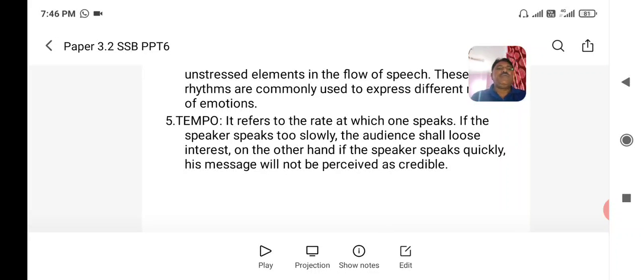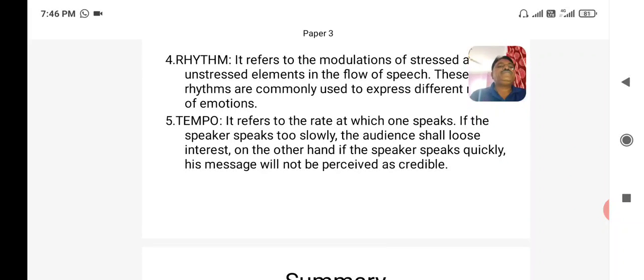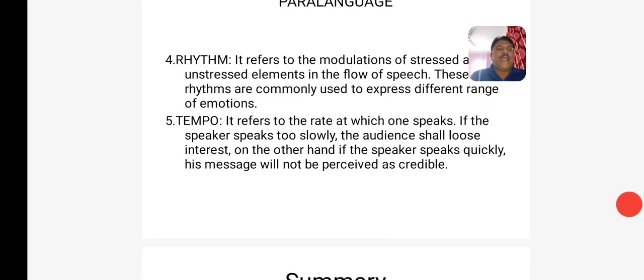Therefore, when a person is speaking, the tempo should be stable. Whenever speed is required, then only speed should be followed. Whenever speed is not required, a stable, proper tempo should be maintained so that the communication becomes effective, and there is a proper understanding between the person who is communicating and the listeners.